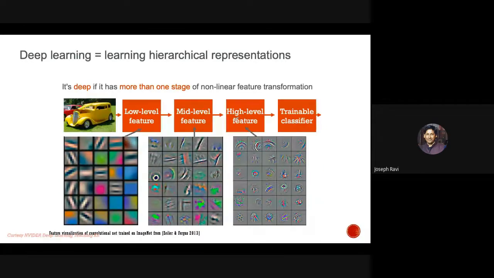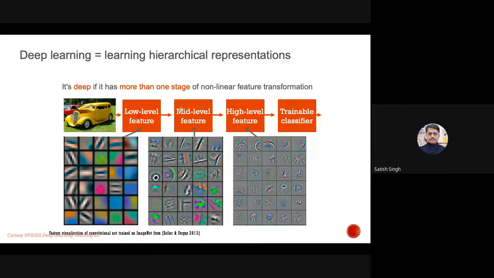So this is whatever we have just discussed. Suppose this is the input, then low level features will be extracted, then mid level features will be formed, and then high level features, even maybe many levels.